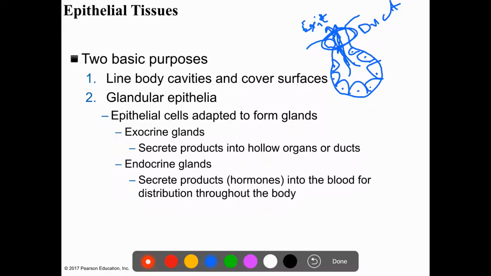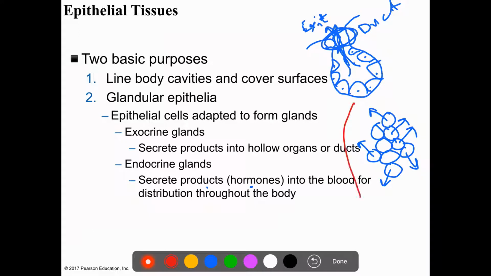Whereas the endocrine glands secrete their products, usually hormones, into the blood without the presence of this exit. So what happens is that these cells sit beside each other. There is no exit or duct, and they release their secretions into the surrounding area.